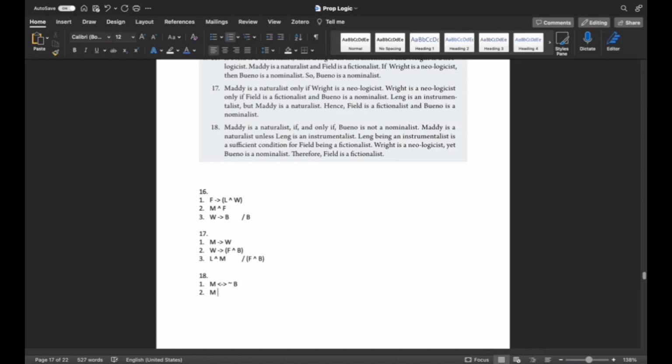No, there's no conditional. So what does the "unless" do there? What do you think? It's not a conditional, so it's definitely not a biconditional. So what are we left with?